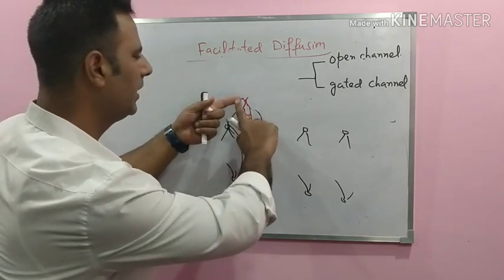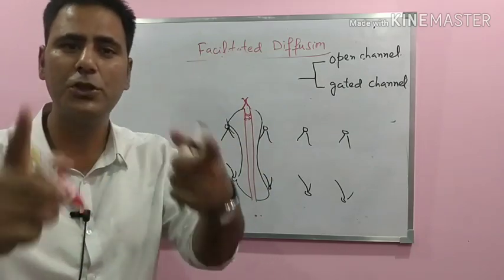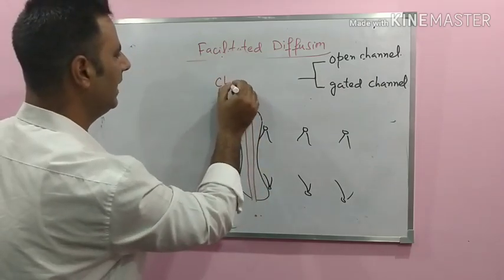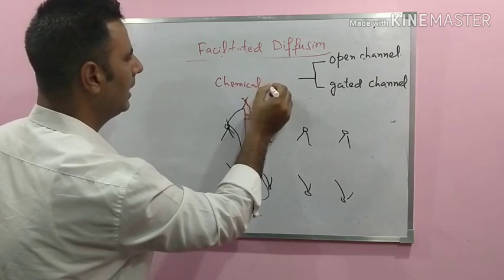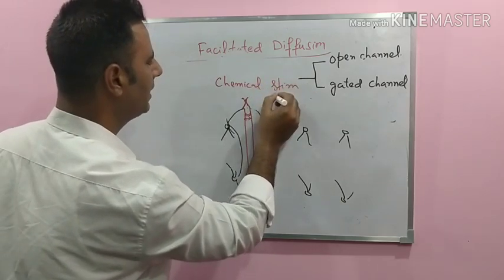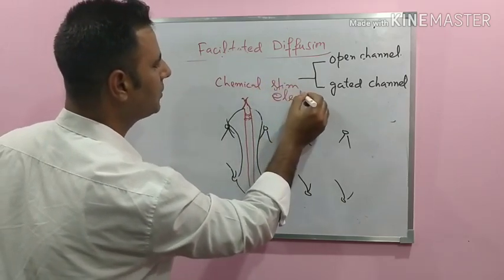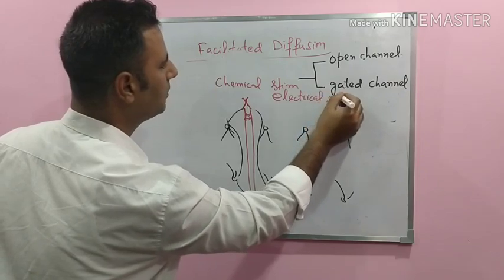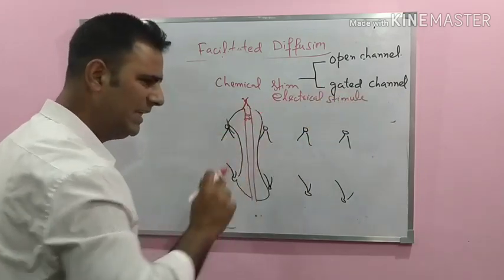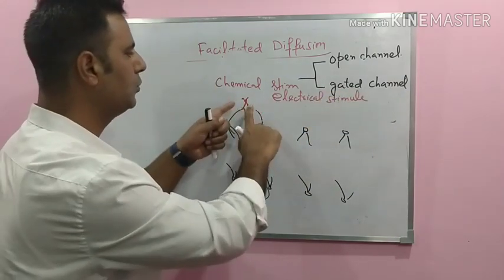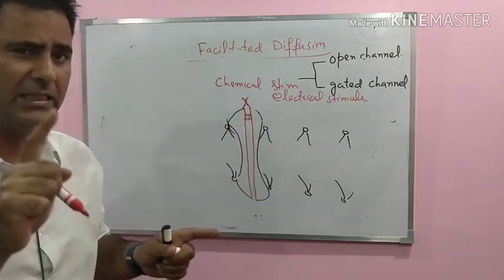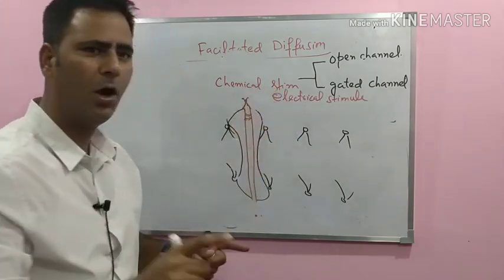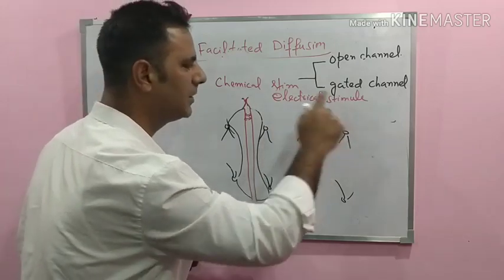So these two gates will be responding to some stimuli, and the type of stimuli is chemical stimulus, or they may respond to some electrical stimulus. Therefore, the gates of this channel are going to open when there is some sort of chemical stimulus or when there is some sort of electrical stimulus.